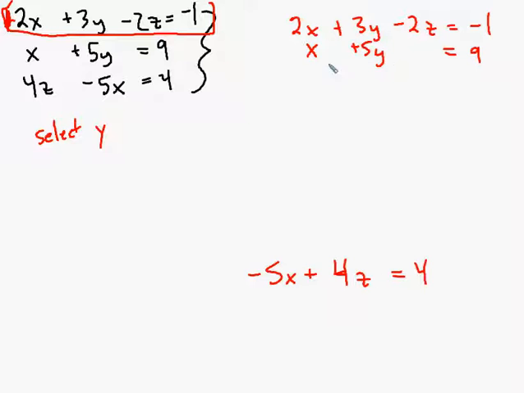All right, here, I'm going to eliminate y, but I need to get a common multiple. So the common multiple is 15, right? So I'm going to multiply the top one by 5, and I'll multiply the bottom one by -3.